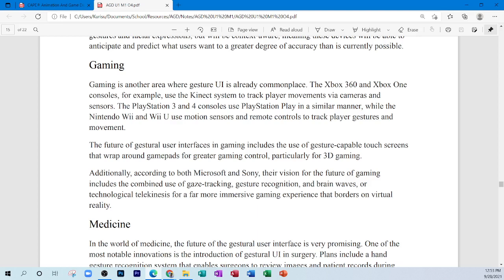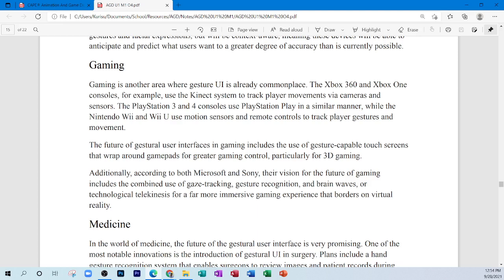The PlayStation 3 and 4 consoles use PlayStation Play in a similar manner, while the Nintendo Wii and Wii U use motion sensors and remote controls to track player gestures and movement. The future of gestural user interfaces in gaming includes the use of gesture capable touchscreens that wrap around gamepads for greater gaming control, particularly for 3D gaming.